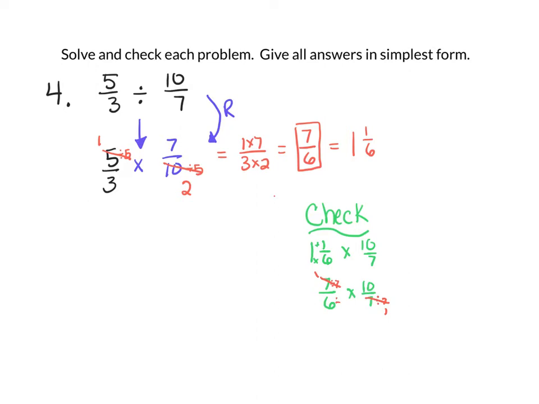And I can divide by 2, which gives me 3. And divide by 2, which gives me 5. So I have 5/3, and that's a check because that's what I started with, 5/3 here. Okay, so my final answer is 1 and 1/6.